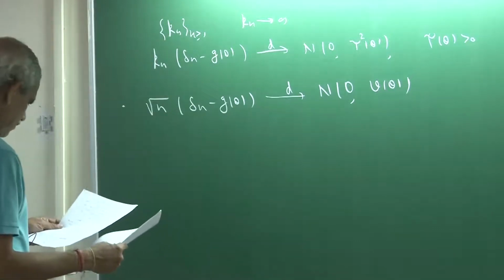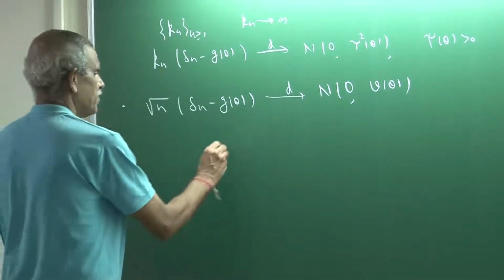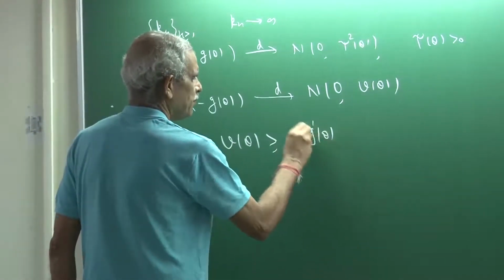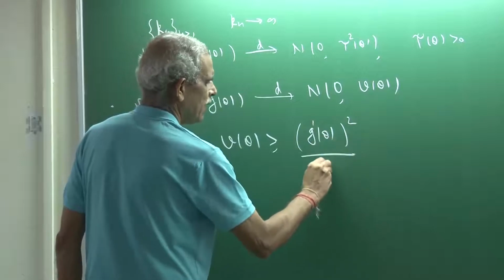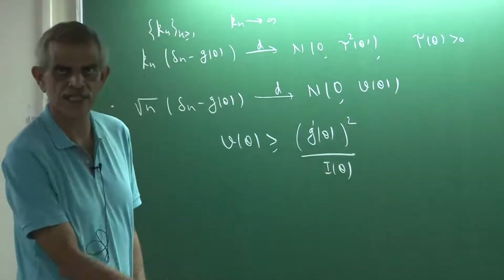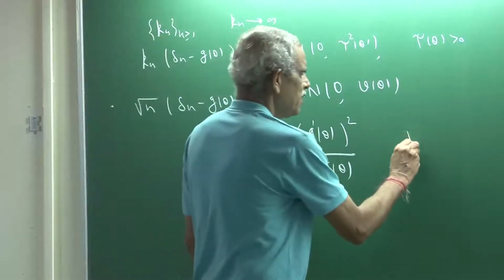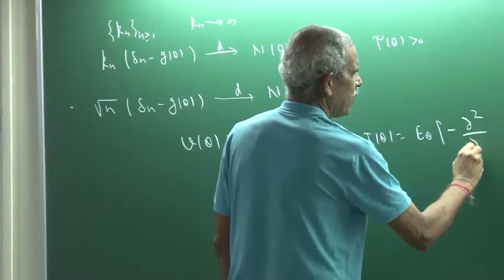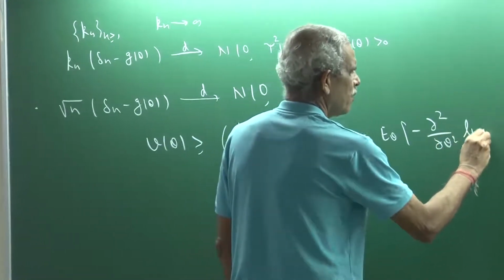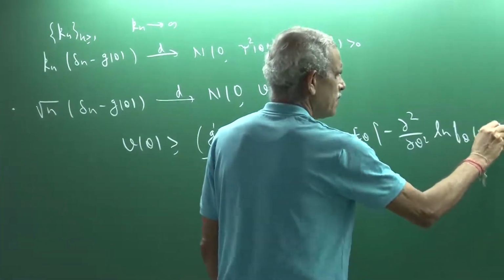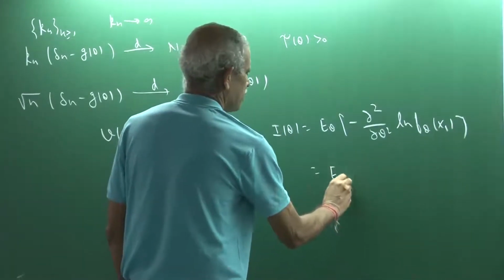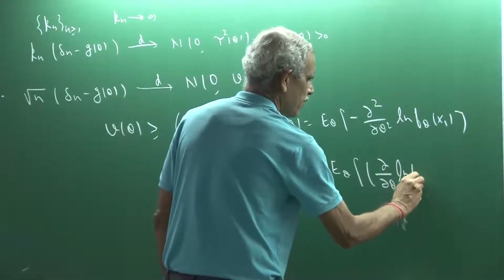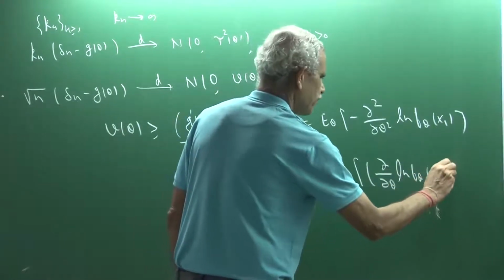We said that under certain conditions, v theta would always be greater than or equal to g prime theta whole square by I theta, where I theta is the information contained in a single observation, which is nothing but the expected value of minus del square by del theta square log f theta of x1, and which you also know is the same as the expected value of (del by del theta log of f theta of x1) whole square.